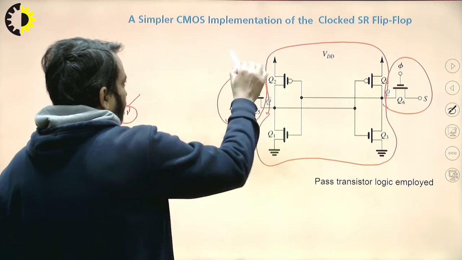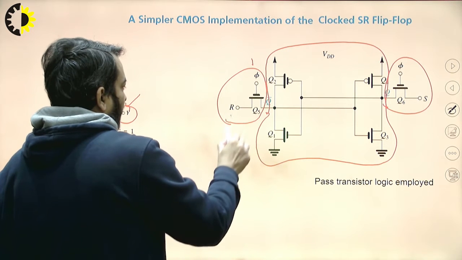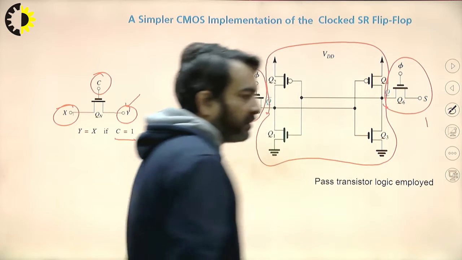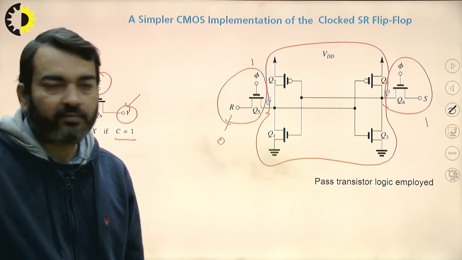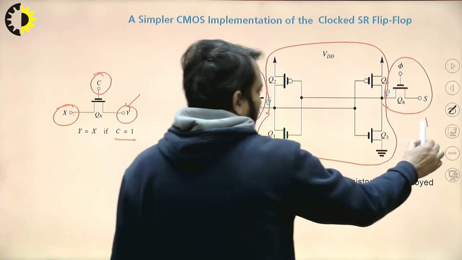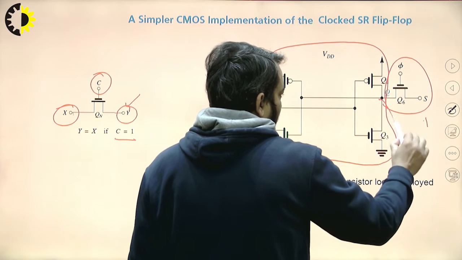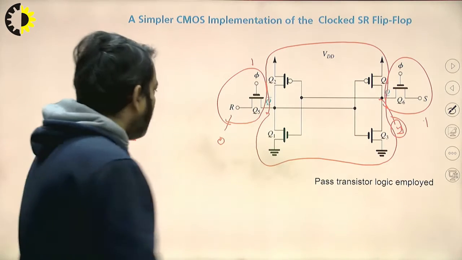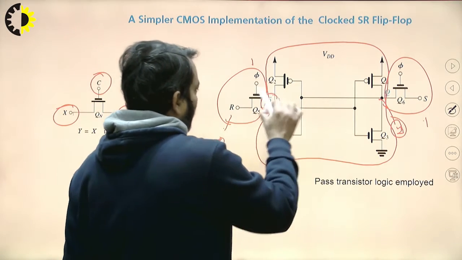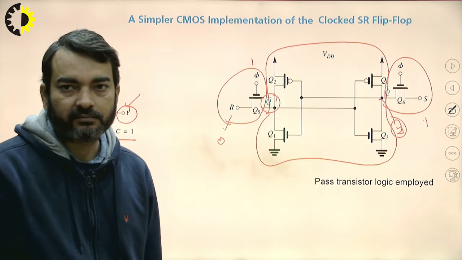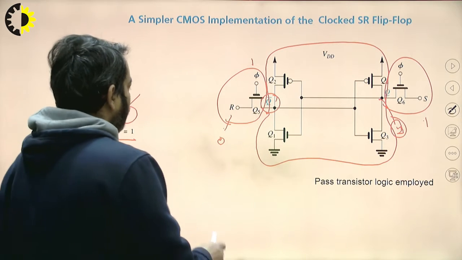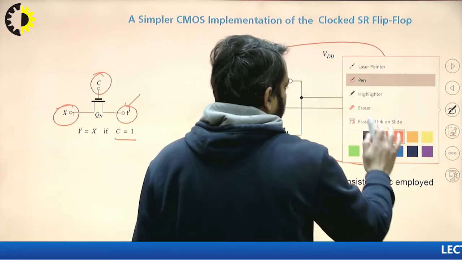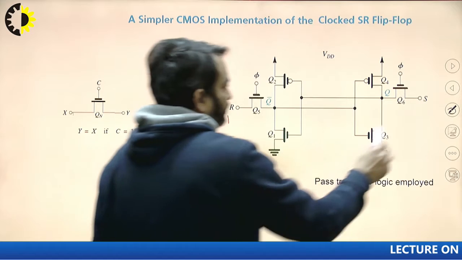Now if the clock pulse is 1, let's say R is equal to 0 and S is equal to 1. So if the clock pulse is 1 and the S input is 1, this output Q must be 1, while Q bar will be 0. In the otherwise case, let's say this input is 1 and this one is 0.